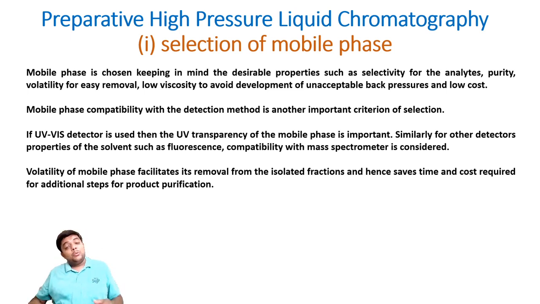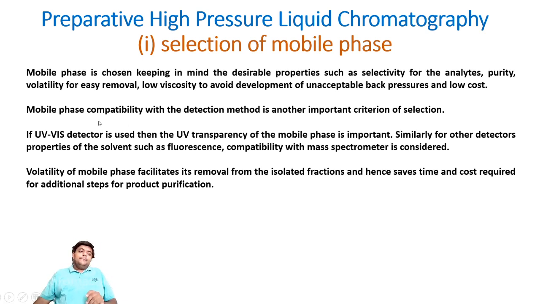Someone has asked me a question in the first video itself, MPLC, that sir, when the fractions get separated, what about the mobile phase present inside? This is the answer to that. Generally, mobile phases have a boiling point below 80.